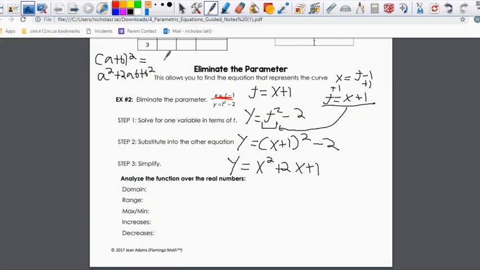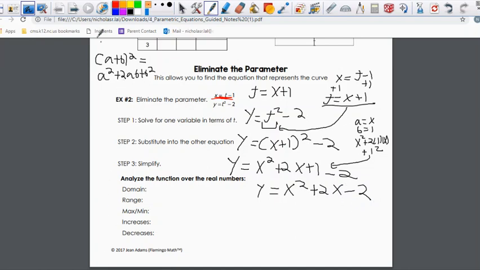So here, a would be equal to x, b would be equal to 1. So you have x squared plus 2 times 1 times x plus 1 squared. And that's how you get that. But remember, you have that minus 2. So it's going to simplify to y is equal to x squared plus 2x minus 2.